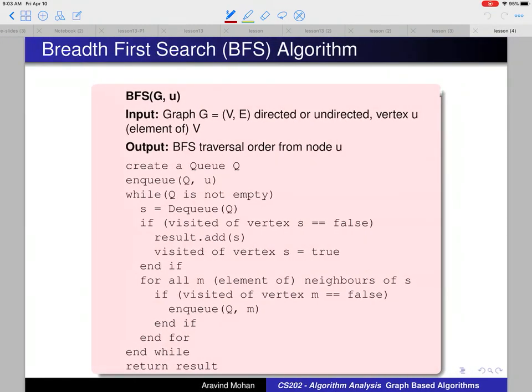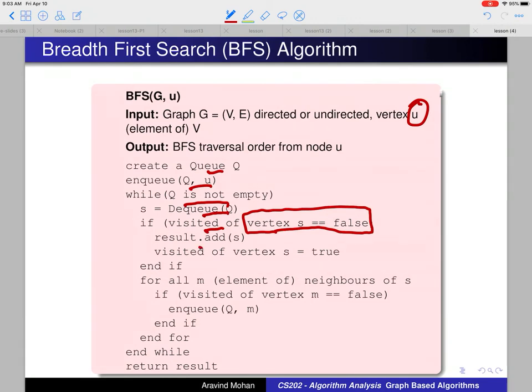Okay, all right. Well, let's look at this algorithm here. How can one implement this BFS procedure? Basically we need to have a queue, and then we are going to enqueue the first element u, which is coming in, the first vertex. And then we check if the queue is not empty, we dequeue the element, and we check if visited of vertex s is equal to false.